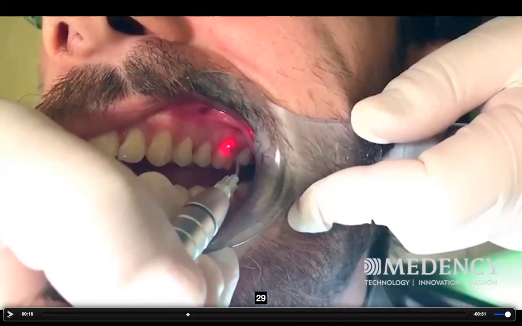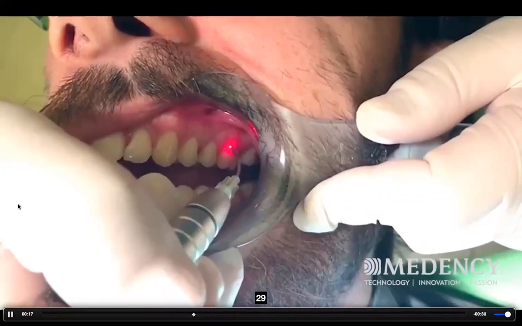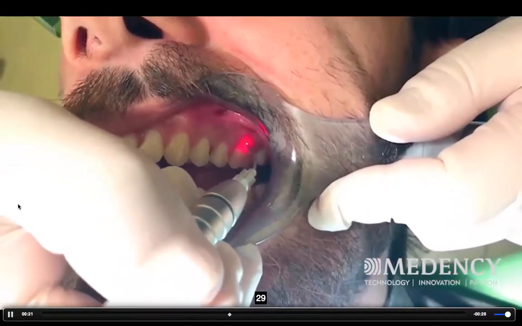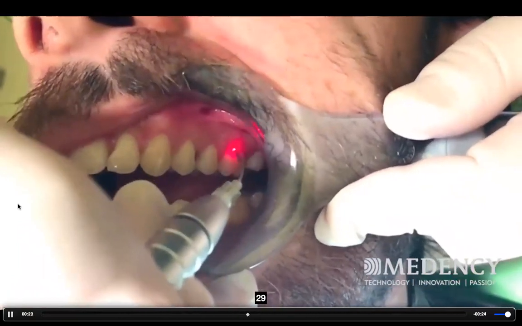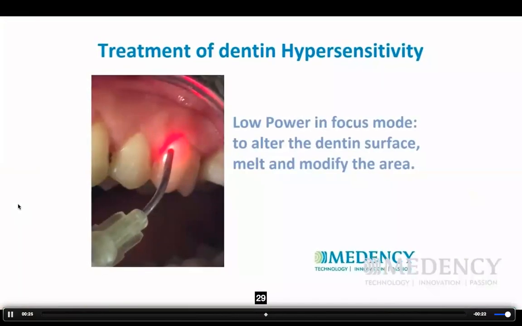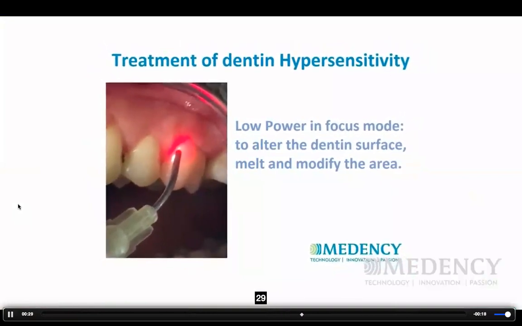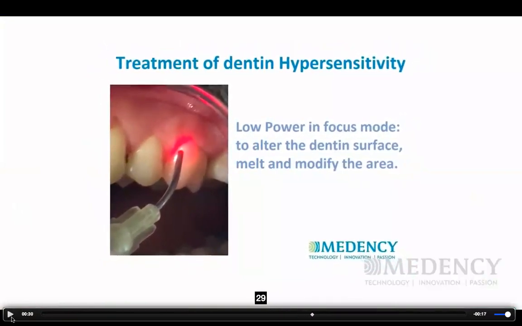But with the application of laser, you're trying to get this deep inside the dentinal tubules. How does this happen? Just watch the video. Modifying and altering the dentine surface to penetrate your fluoride inside.